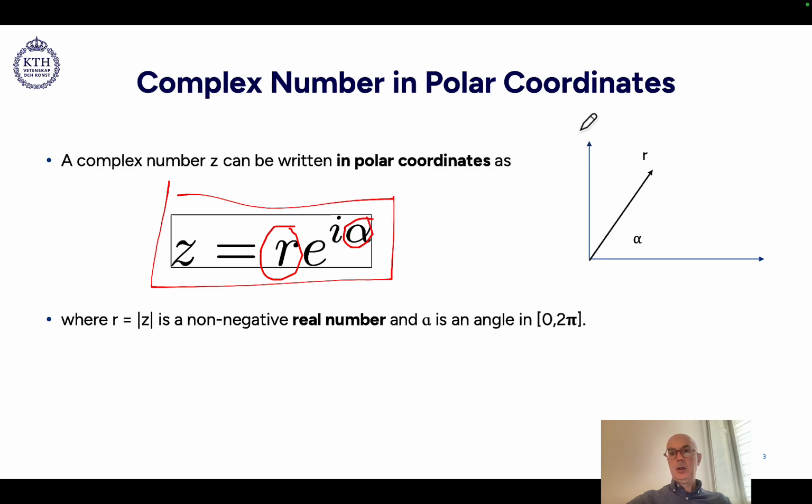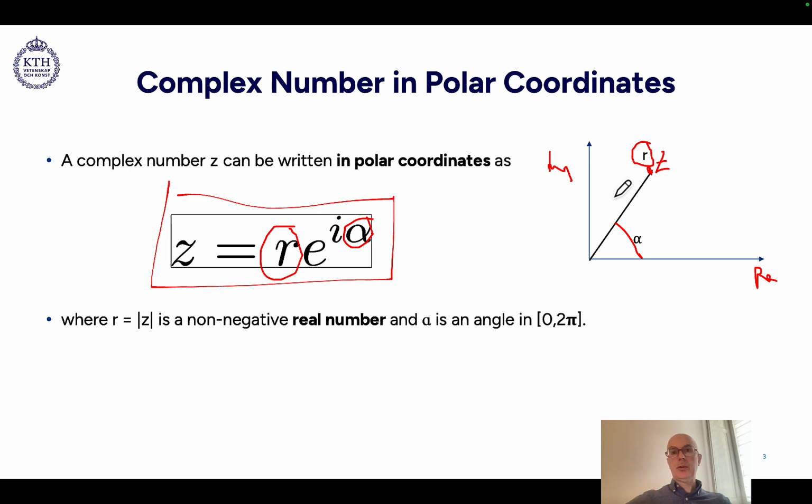If you go to the graphical description, this is our complex plane where we have the real part and the imaginary part, and this will be our complex number Z. We can use either the real part and the imaginary part, but we can also have an equivalent description using R, the magnitude, which is the length of this line, and then an angle alpha.